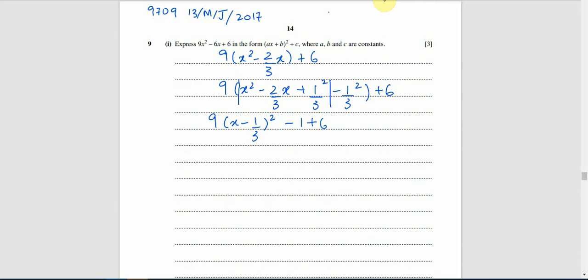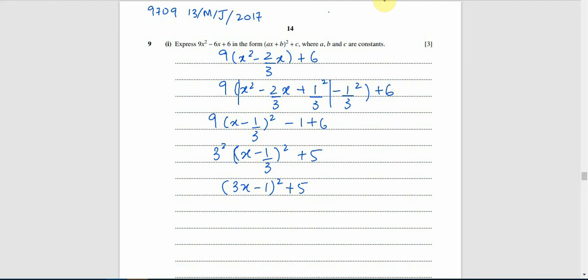So I need to express it in this form, so I have to take this 9 inside, and I'll do it as 3 square so that 3 can come inside the bracket, and it becomes plus 5. And when I send 3 inside, it will become (3x minus 1) whole square plus 5. And that is the answer to your first part.